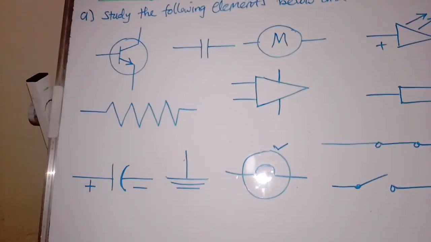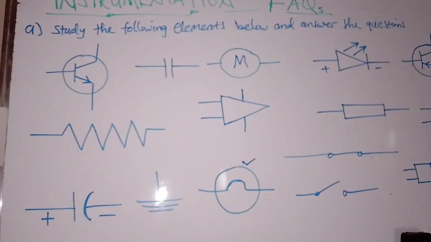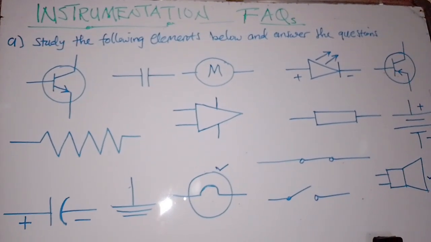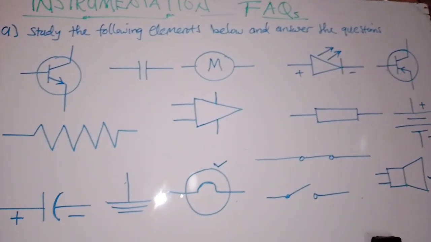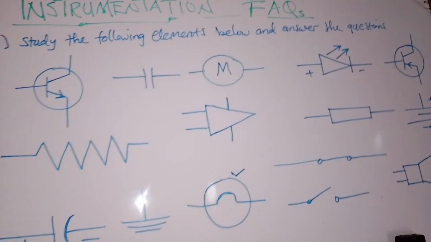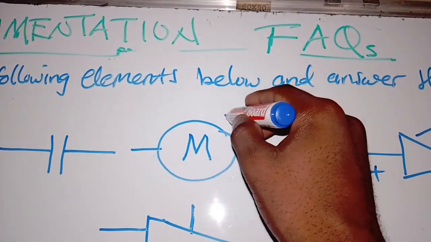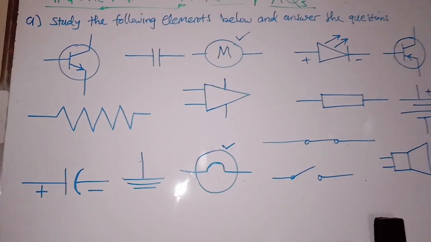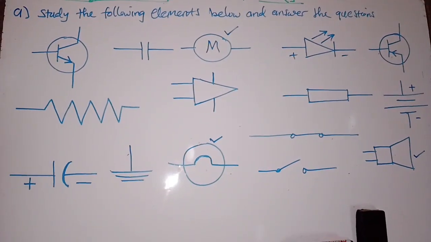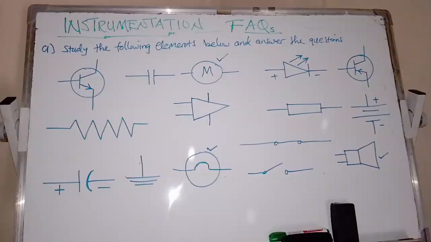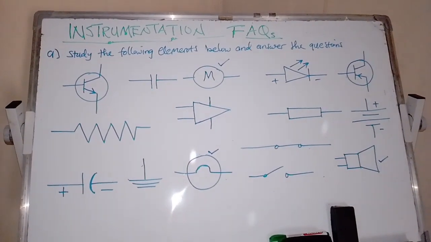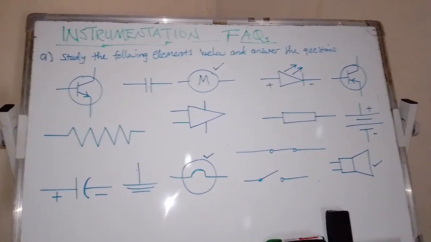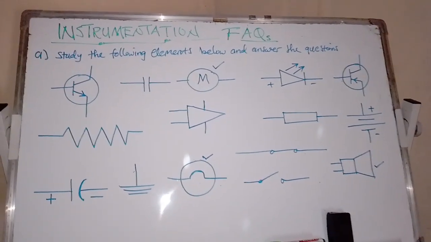Kinetic energy is the type of energy possessed by an object in motion. Do you have it? Yes. It's a motor. So you just have to know the symbols, okay? It's very important that you know what each of the following does.